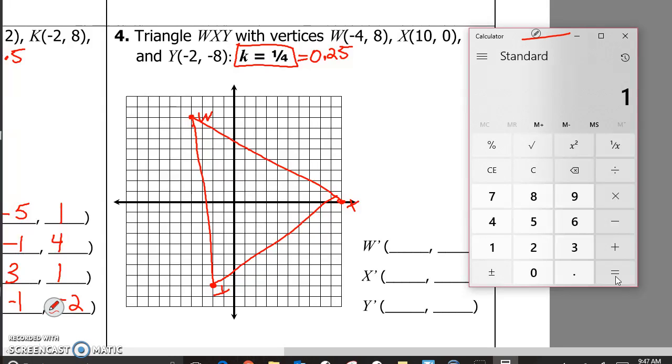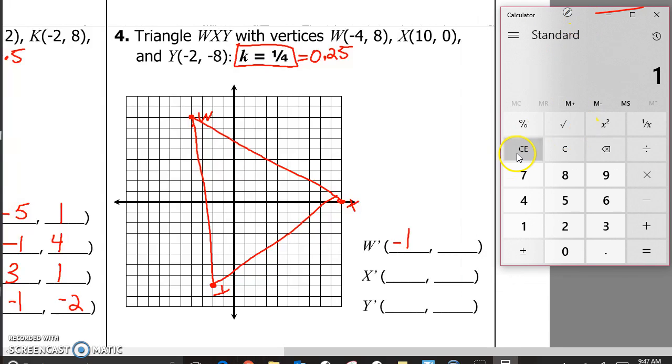So here we've got -1. And then the next one we have to do for W is 8. So 8 times 0.25 is 2. So the second point for W is 2.